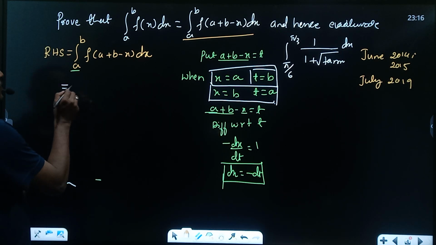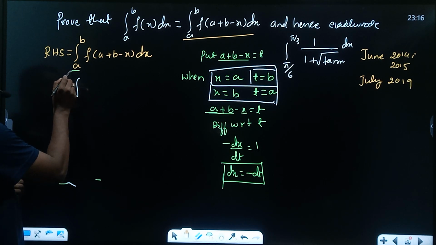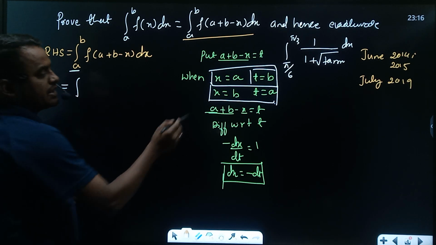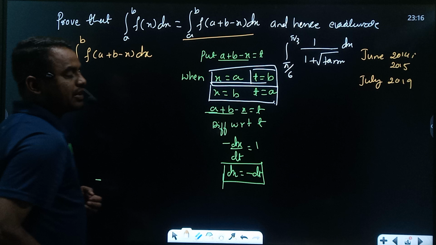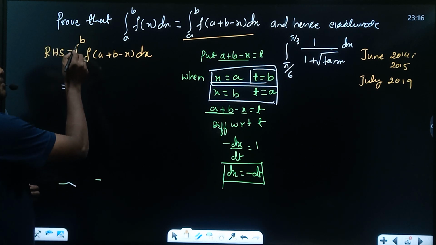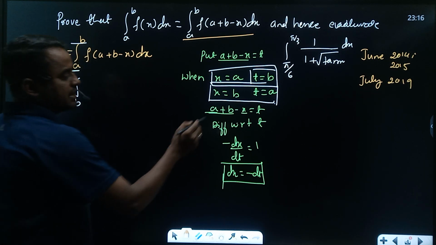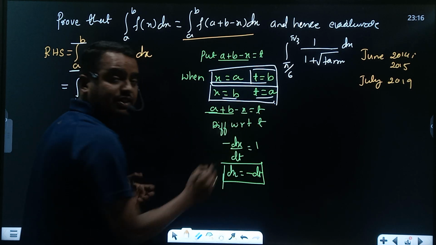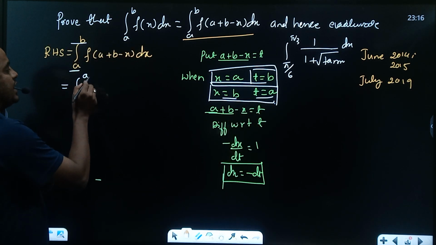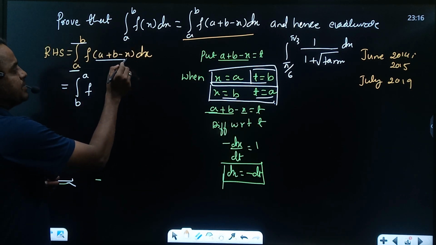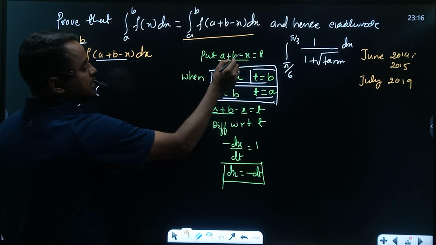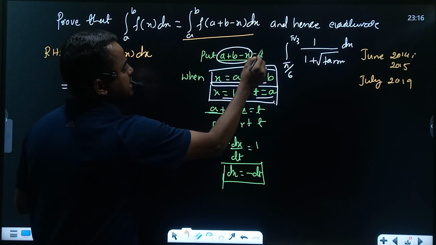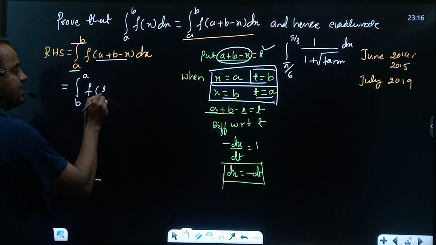So see here, integration of lower limit: when x is equal to a, the value of t is b. Upper limit: when x is equal to b, the value of t is a. Then f of (a plus b minus x), and a plus b minus x is nothing but t, so write t here.